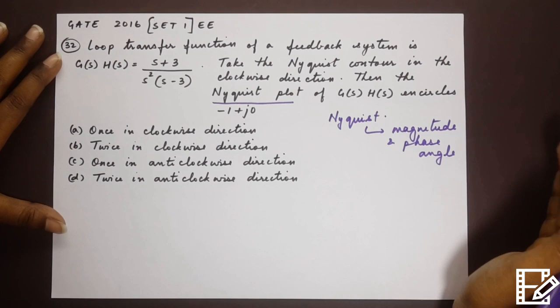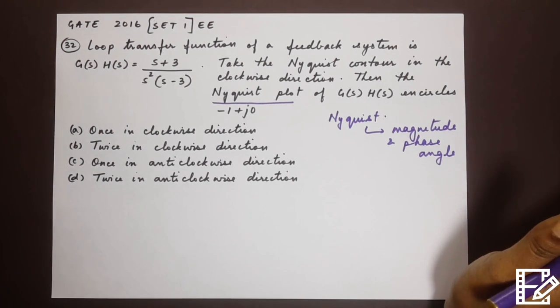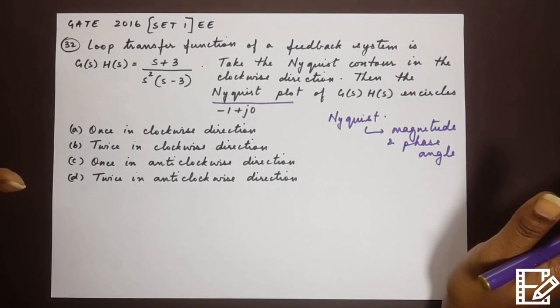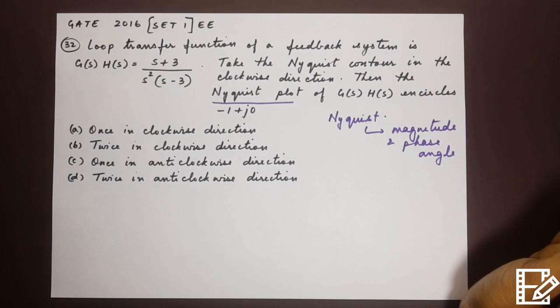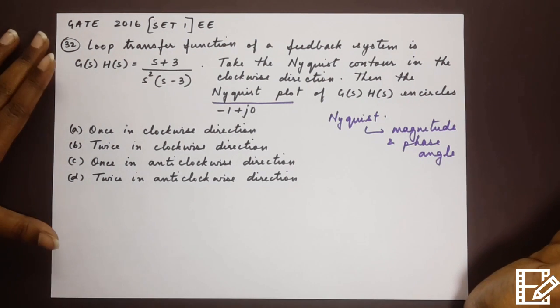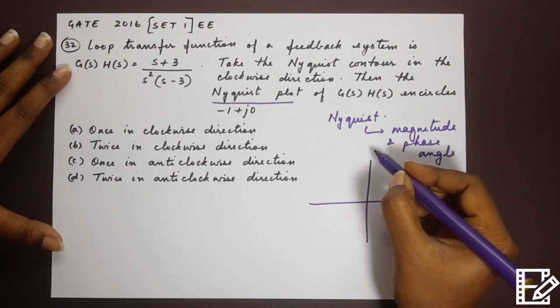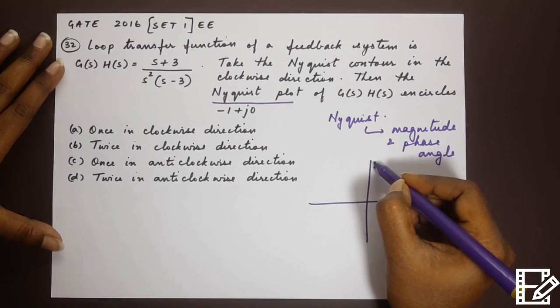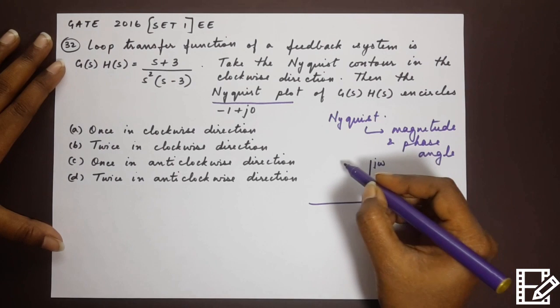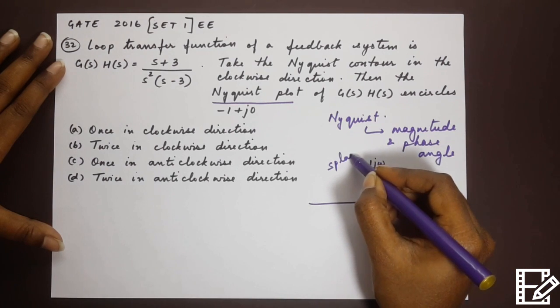The region is very important because the entire plane is the S plane. You should know that the Nyquist plot would be drawn on an S plane. Let's take this for example here. This is the j omega axis and the entire plane is the S plane.